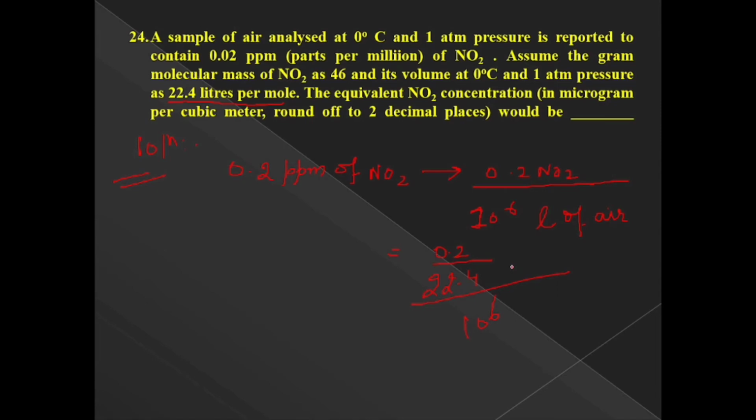And one more thing: the nitrogen oxides molecular weight is 46 grams. So we can easily calculate the value of the nitrogen oxides concentration. Since in the question micrograms per cubic meter is the option required, but here it is gram per liter, we have to convert into micrograms. 1 gram is equal to 10 to the power 3 milligrams, and 1 milligram is equal to 10 to the power 3 micrograms.